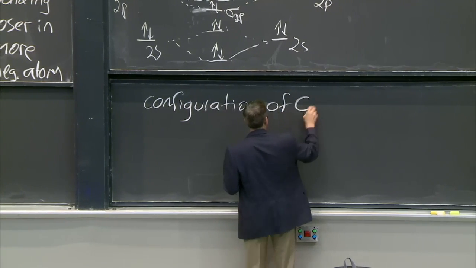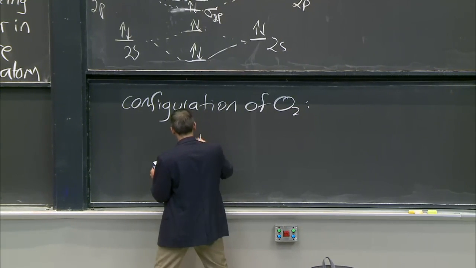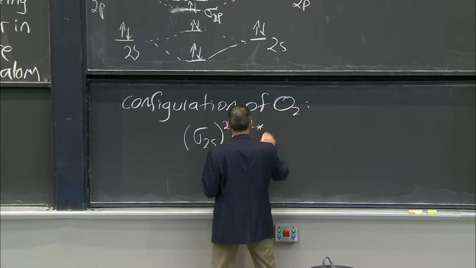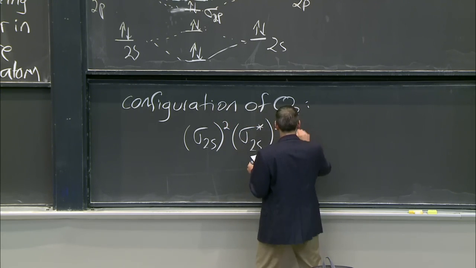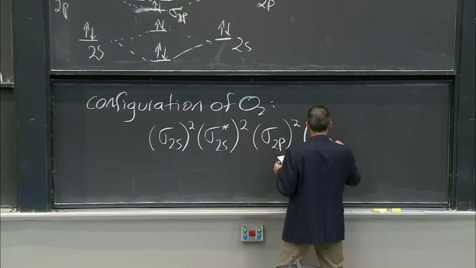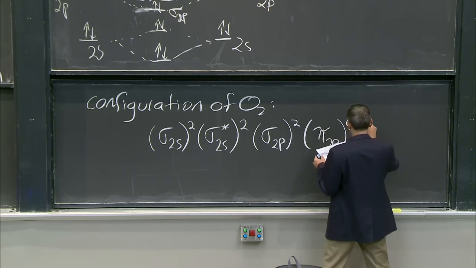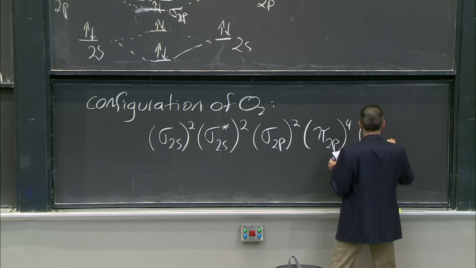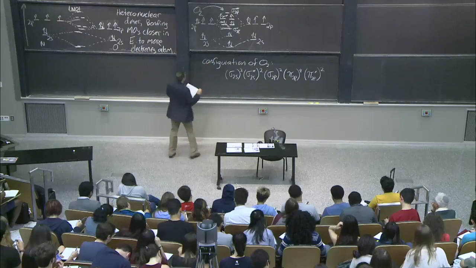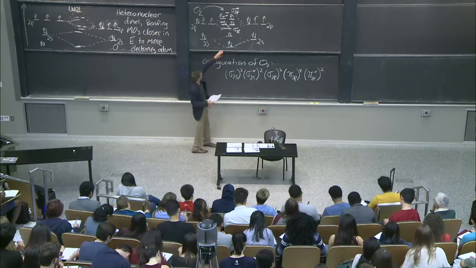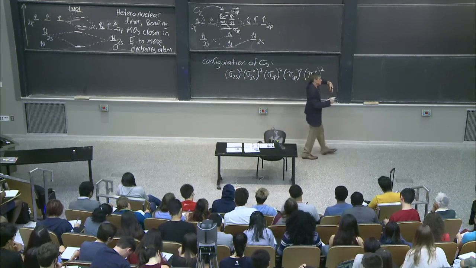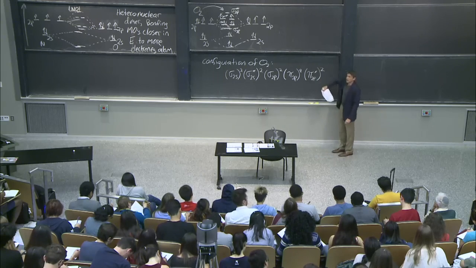The configuration of, say, O2 would be sigma 2s with 2 electrons, sigma star 2s with 2 electrons, sigma 2p with 2 electrons, pi 2p with 4 electrons, and then pi 2p star with 2 electrons. That's how that looks. It's a little bit messy, but I hope you can read it. It's the electron configuration of the MOs, just like we would write the spd electron configuration of atoms, but this is a molecule.